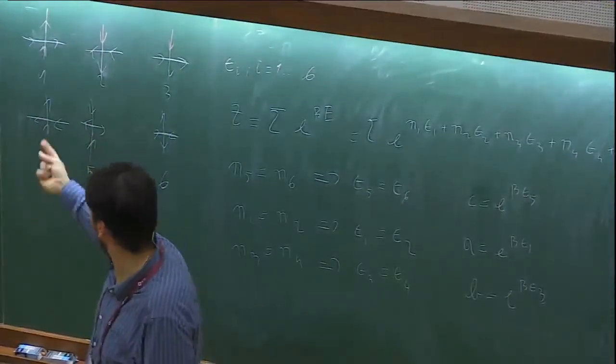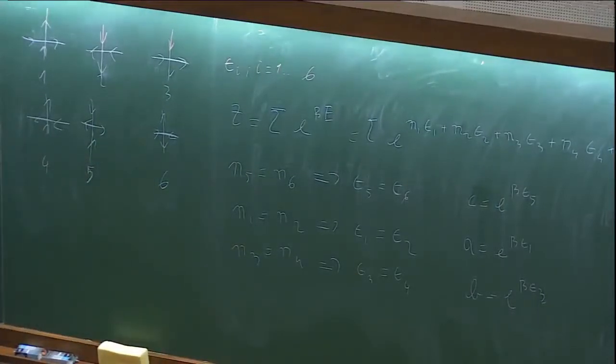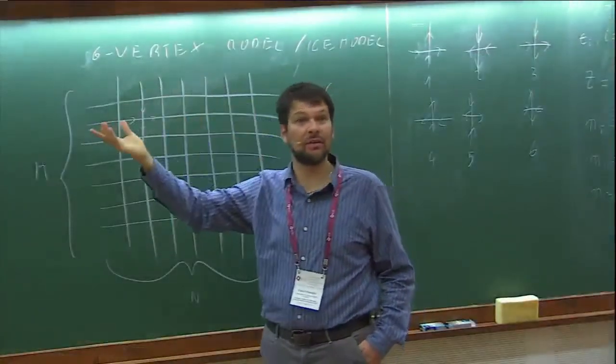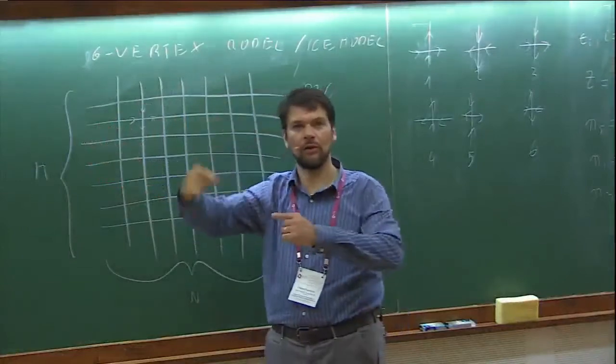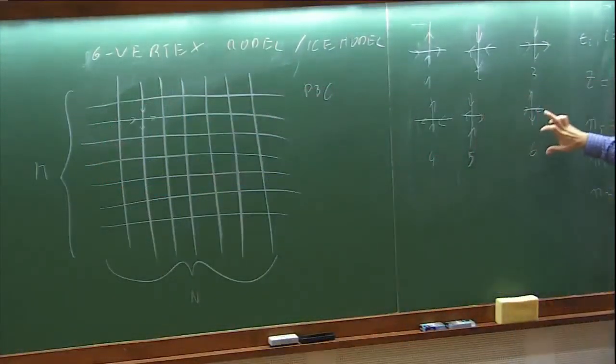So if I only have one vertex of type 5 in the whole system, then it means that I start with a given number of up arrows, and when I get to the bottom, instead I have a different number of up arrows, so I cannot close it. So if I turn one up into a down, then I also have to turn one down into an up.